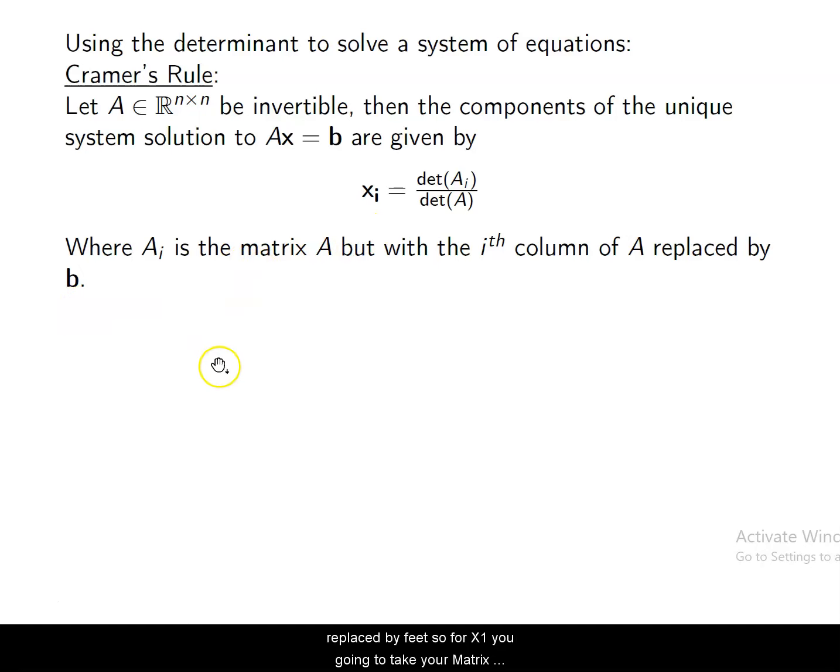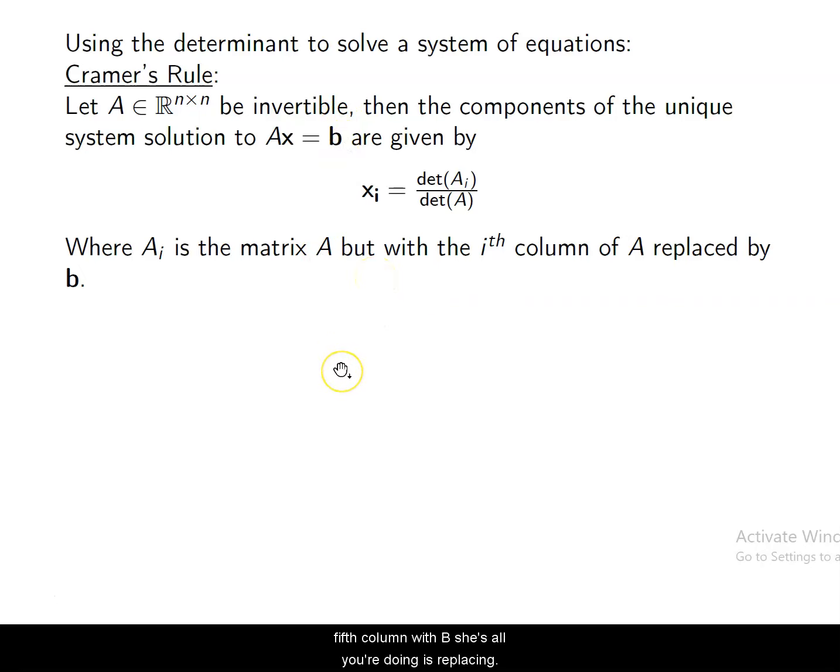So for x1, you're going to take your matrix A and replace column 1 with this b column, this b vector. To find x5, if you have a 5 by 5 or something larger, to find the fifth solution term, you replace the fifth column with b.